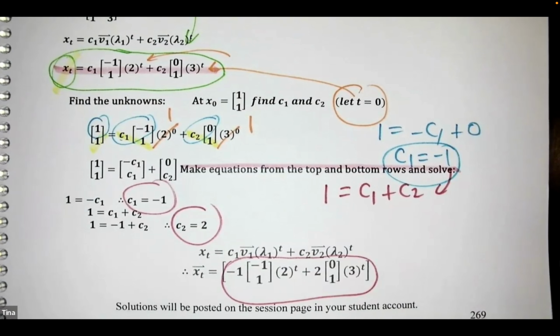Okay, so if we want, let's say, x3, then we're just looking at what we just had, which was, let me write it again here. We had 2 times the vector (0, 1) times 3 to the t, minus 1 times the eigenvector (negative 1, 1) times eigenvalue 2 to the t. So if we want x3, we're just basically putting all the t's to be 3's, right?